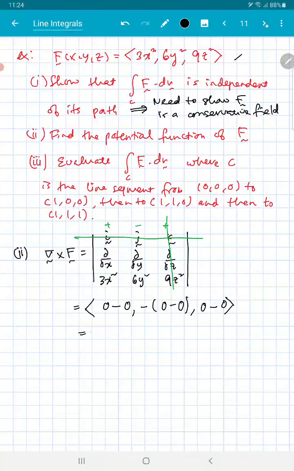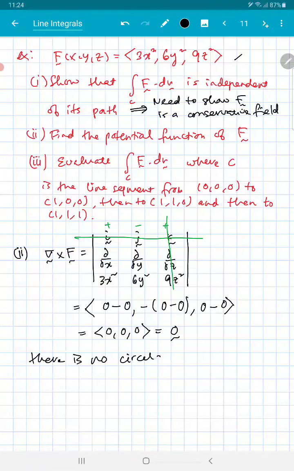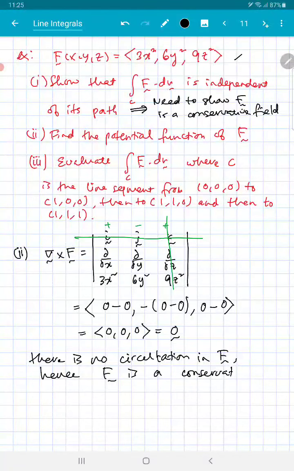So here we have a 0 vector. You can write it this way, or you can write the 0 vector. So F is conservative, right? There is no circulation in F. Hence F is a conservative field.